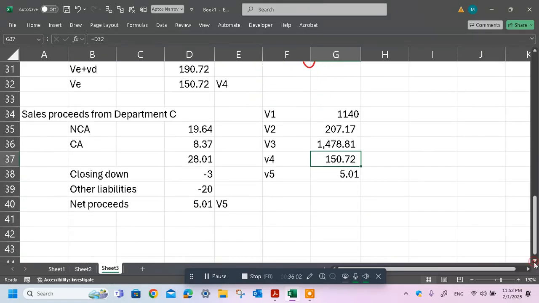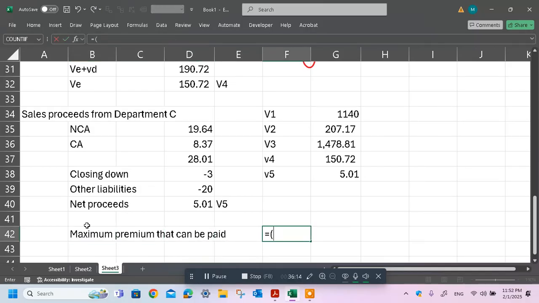Okay. Remember the premium formula I gave you? Maximum premium that can be paid. How do we get that? You add these three, V3, V4, V5, the post acquisition values, add all of them and subtract whatever you had initially, V1 plus V2. $287 million, I remember.